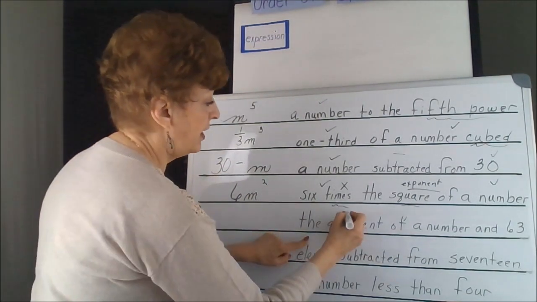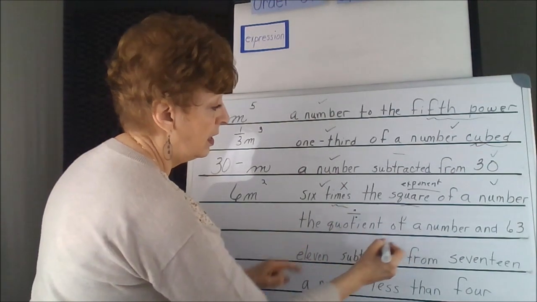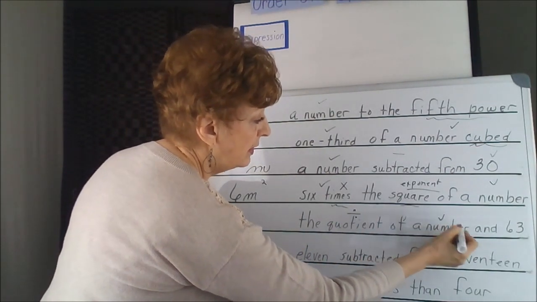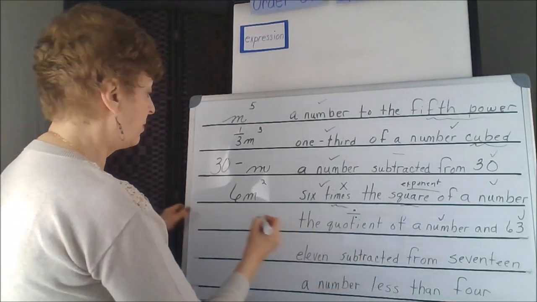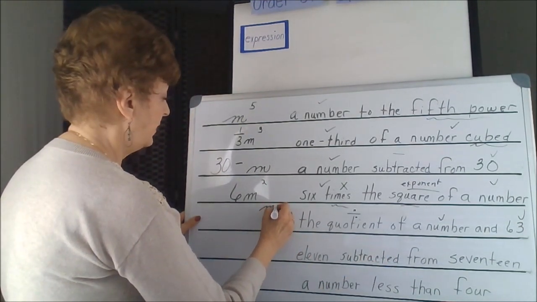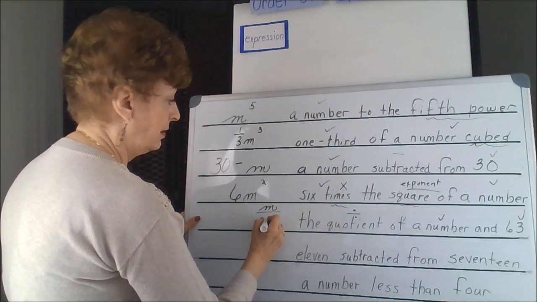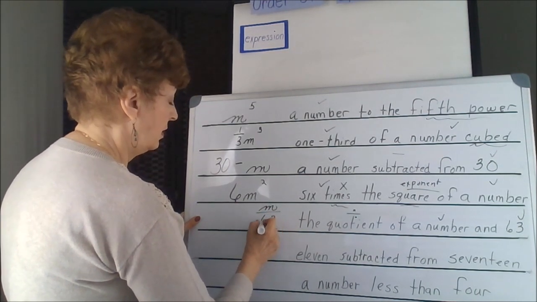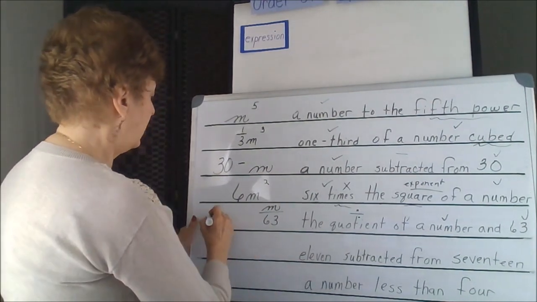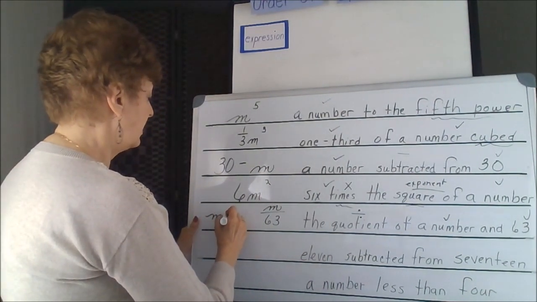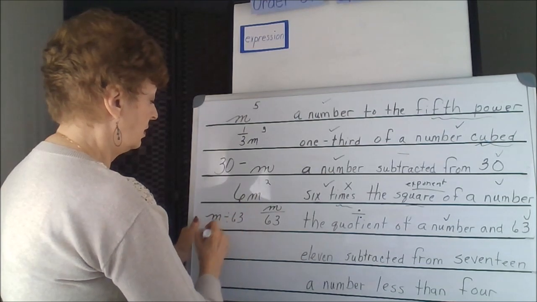The quotient, that gives us a division of a number and 63. So we're going to have some number, we'll call it m, divided by 63. In algebra, you don't usually see this symbol.